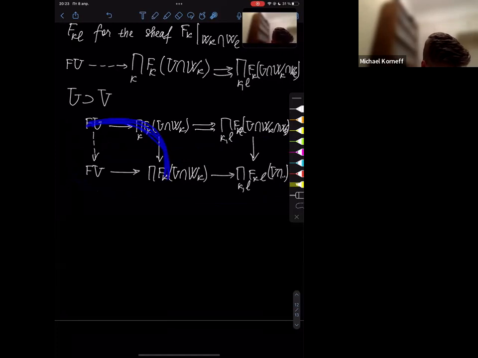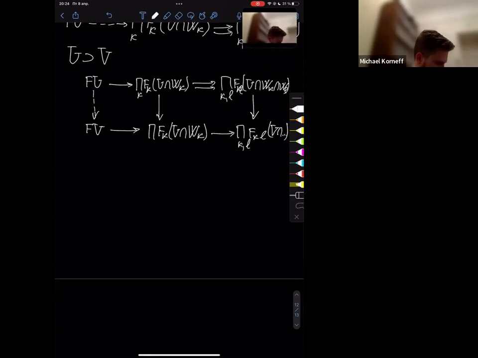This is a cone for this equalizer, and for this cone, there is a unique map like this.